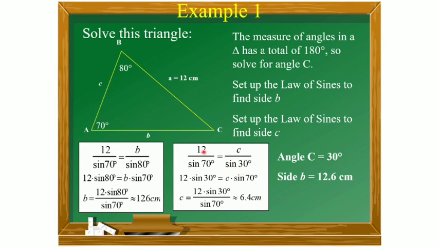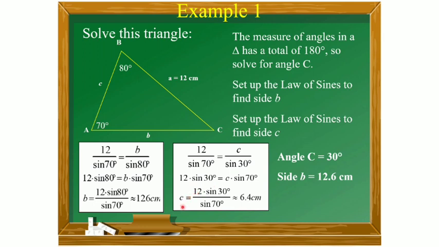By cross multiplication again, 12 times sine 30 degrees is equal to C times sine 70 degrees. Divide both sides again by sine 70 degrees.